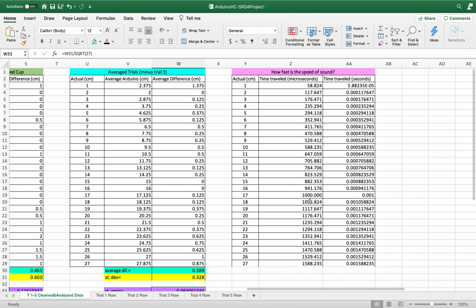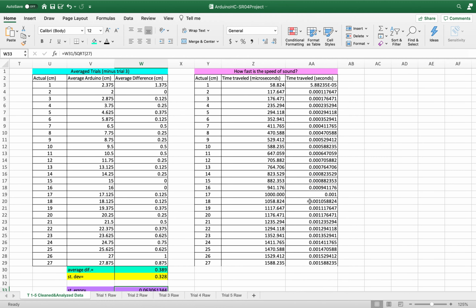And then I also, just because I think that the whole science of the speed of sound is extremely interesting, and how the SR04 is able to calculate that, I just decided to do it for myself.